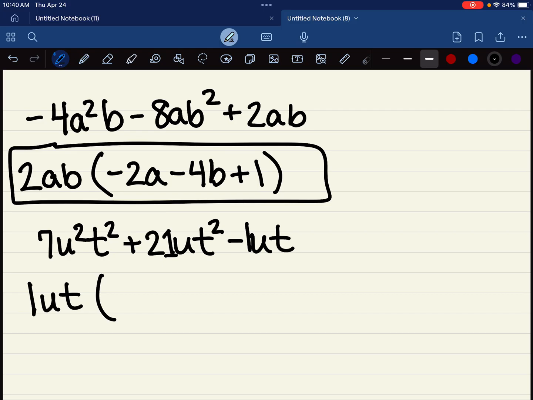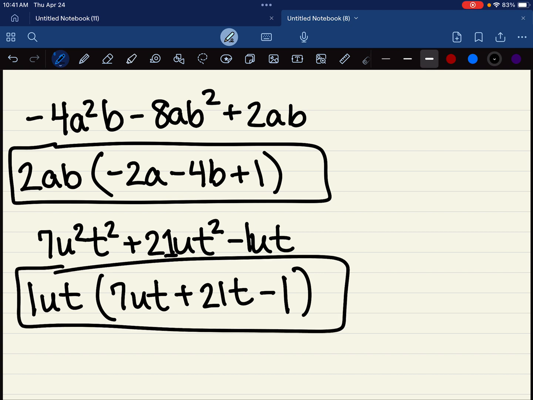So what's my first term going to be? 7ut plus what? 21 with something. T, right? U goes away, 1 less t. What about the last term? Minus 1. Good.